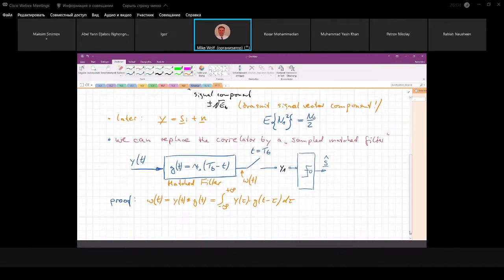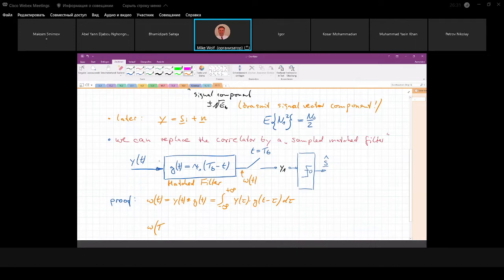But we are only interested in W at the sampling time. Because at the end, once we received the signal and processed it with this filter, we have to decide. And in practice, of course, we receive a long sequence of pulses.